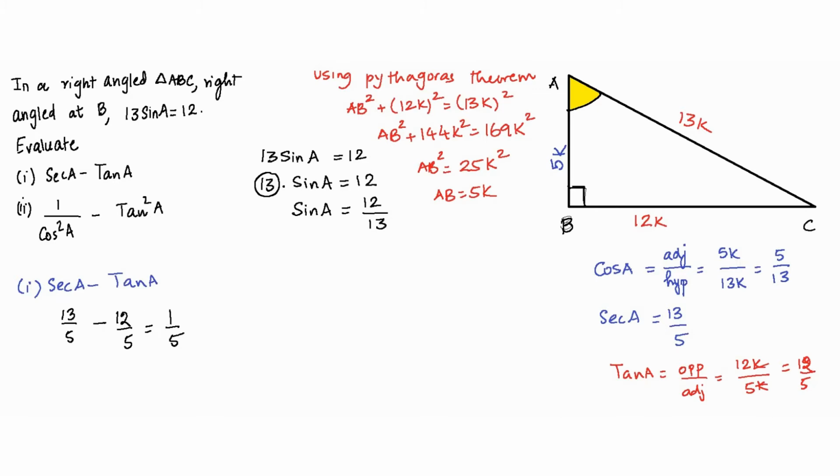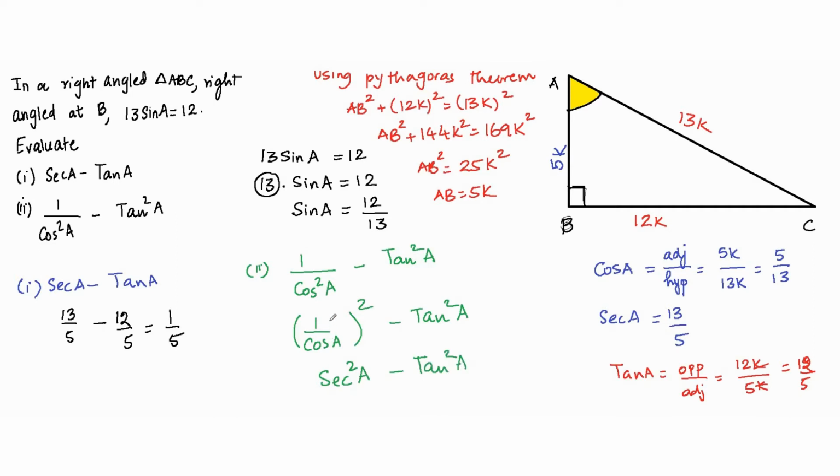The second subpart says find the value of 1 by cos square A minus tan square A. I do know the value of cos. Cos is 5 by 13. Now 1 by cos square A is nothing but 1 by cos A the whole square, which is sec square A minus tan square A. Why did I write it like this?